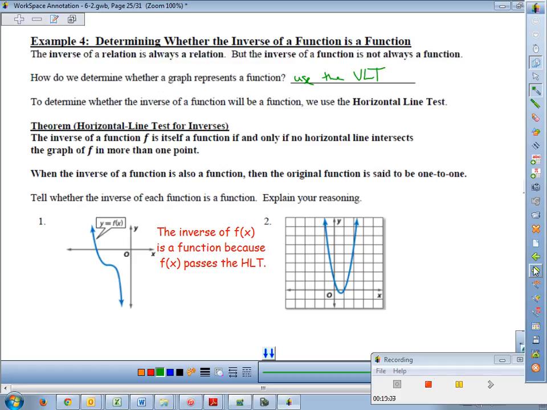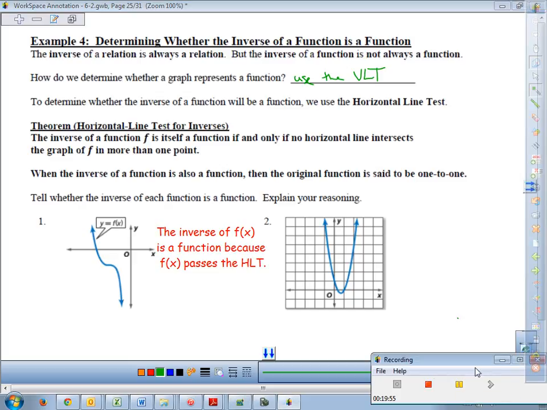The inverse of f of x is a function because f of x passes the horizontal line test.